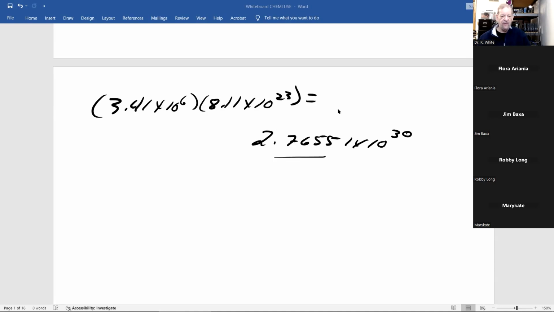So what do you do? You look at the first number here, and it has 3 significant figures. Non-zero numbers are significant. And for this problem, I made it easy. This one also has 3 significant figures. And which one of these is the lowest number? They're both the lowest, 3.